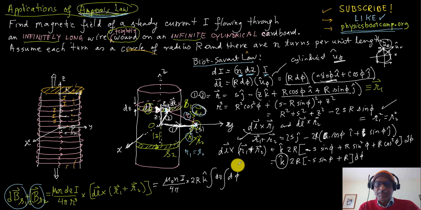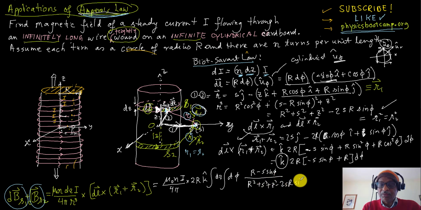Integrate over d phi, and I've got really this r minus s sine phi divided by r cube, and that's r square plus s square plus z square minus 2sr sine phi, to the 3/2.